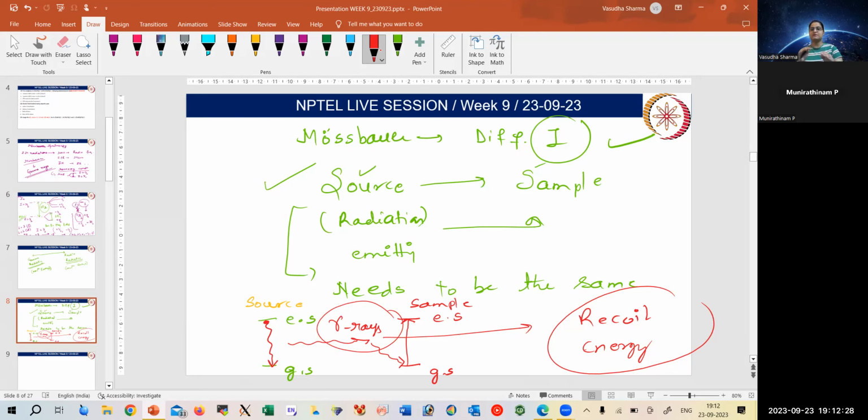There is no resonance. Therefore, actual absorption does not happen, because since we are saying the source and sample are the same, their ground and excited states would be the same. If it is the first step and the second step, the energy required is delta E, so absorption also requires delta E only.